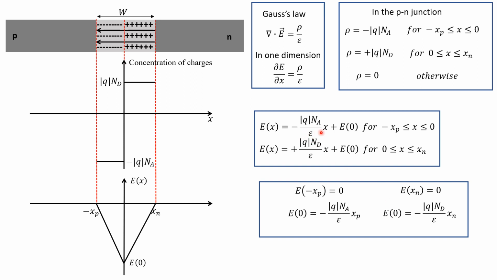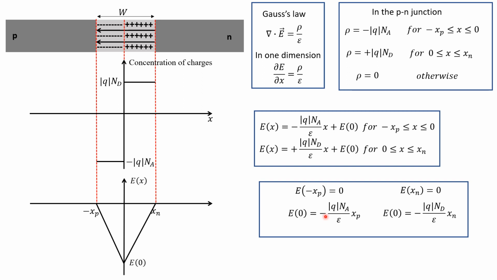So this is obviously a linear relationship, so it's a line. We already know that the field at this point is 0, so this equation is telling us that the field is increasing linearly until it reaches its value at the origin, and then it decreases linearly until 0. Of course, this number here is a negative number, as can be seen explicitly in these two expressions.